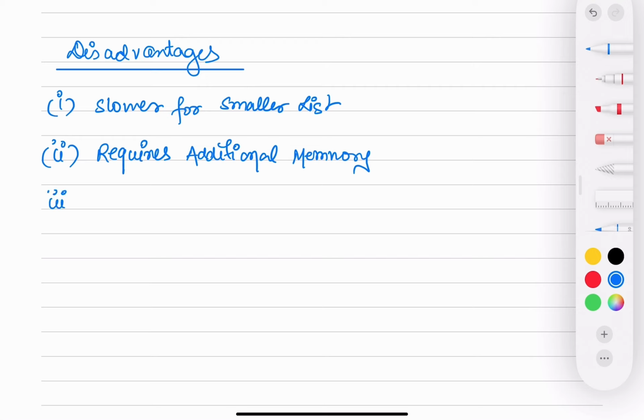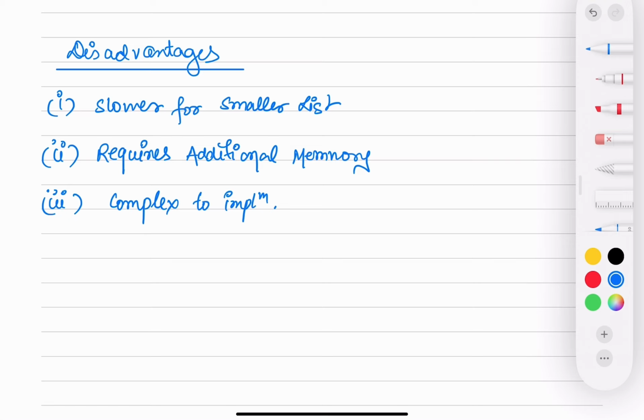Then third, you have easier algorithms than merge sort, so it is complex to implement. I feel it is not that complex, but I write complex to implement considering the other algorithms available. So these are some of the disadvantages of merge sort.